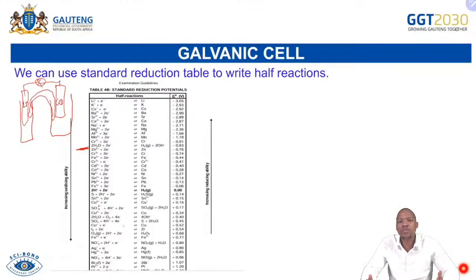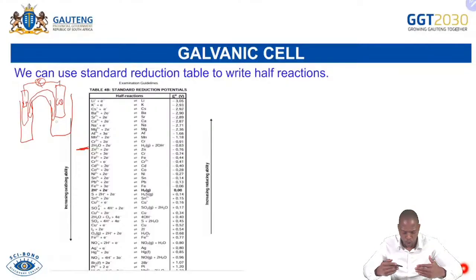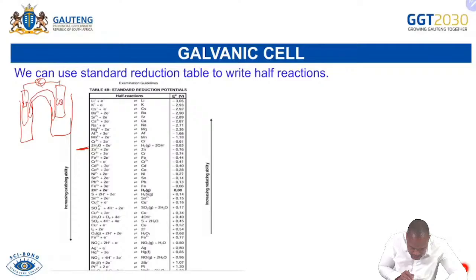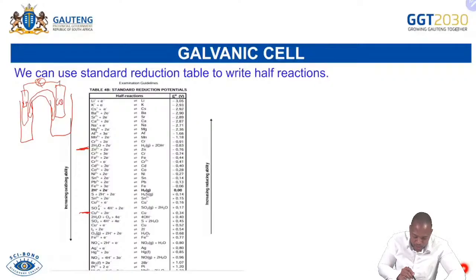Then there's an issue of which copper do we choose. Which copper we choose will depend on our electrolyte. If our electrolyte is the copper 2+, then we'll go for this Cu2+ here. The electrolyte will always be there to tell you which copper you choose. Grade 12, we cannot choose this one, for example, because this one does not completely turn to copper.